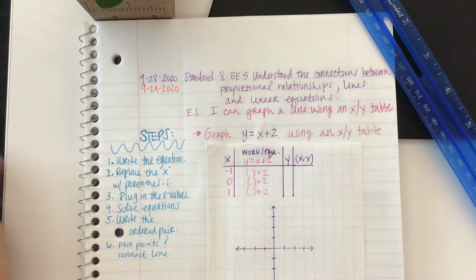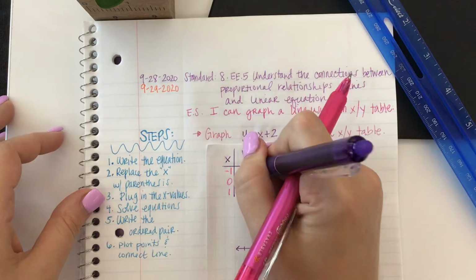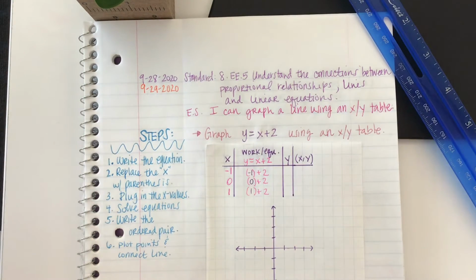The next step is to plug in the x values. And here I handpicked these x values for you because I want to see a negative, 0, and a positive. Normally the x values will be given to you just like in this example. So I'm going to go ahead and plug in negative 1, 0, and 1. And then step 4 is to solve the equations.